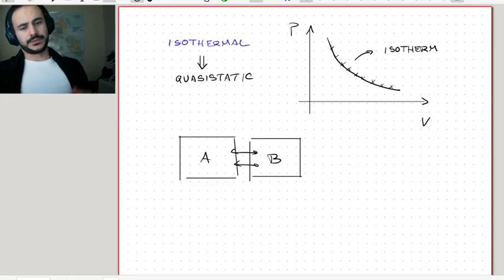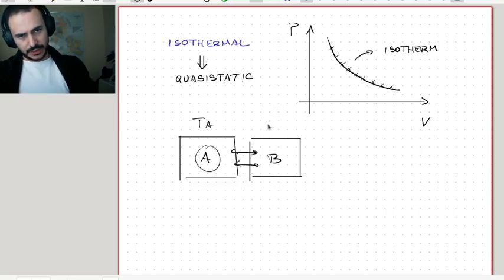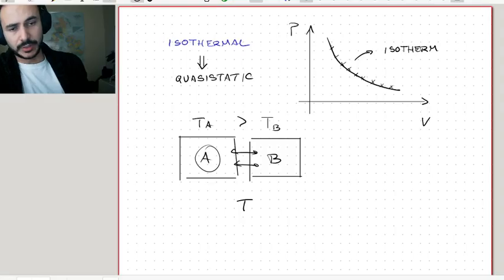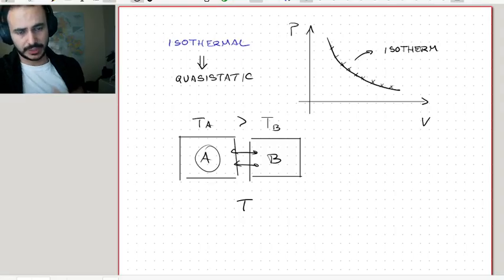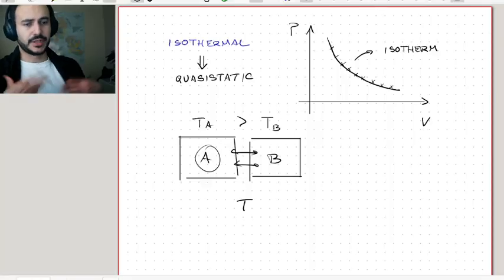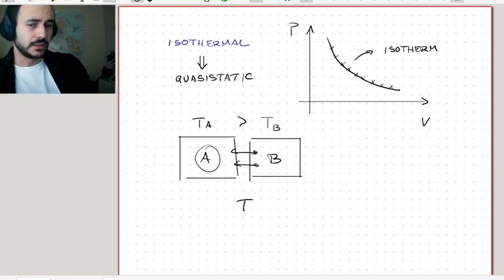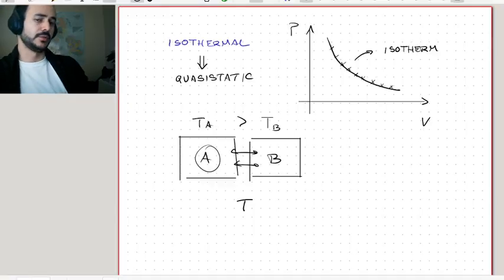And imagine A was way hotter than B initially. What we expect is that the common temperature that the two systems build up in the end is neither TA nor TB, it's somewhere in between, meaning that the two systems are going to change the temperature and they exchange heat in that sense. So some heat is released from, say, A to B, and the temperature of A is reduced as a result, and the temperature of B is increased as a result.